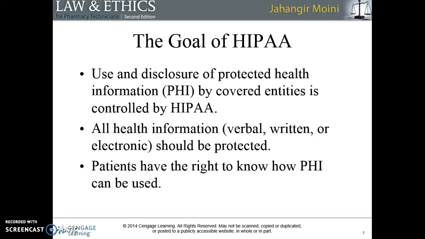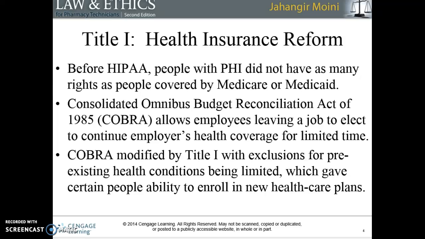So let's take a brief look at the pieces of HIPAA, and then we'll talk a little further about your role. The first part of HIPAA is all about COBRA, making sure that when you leave a job, you have continued health coverage.